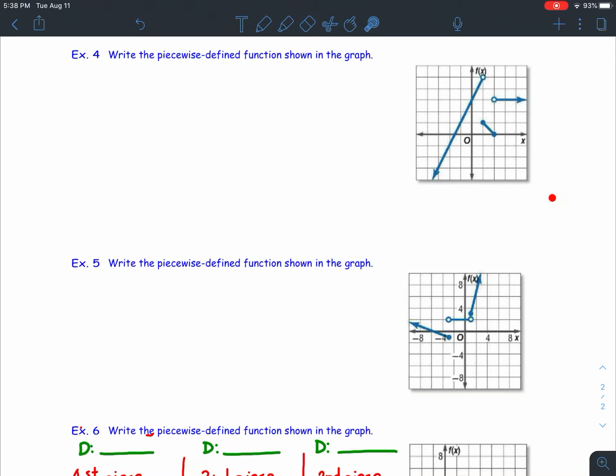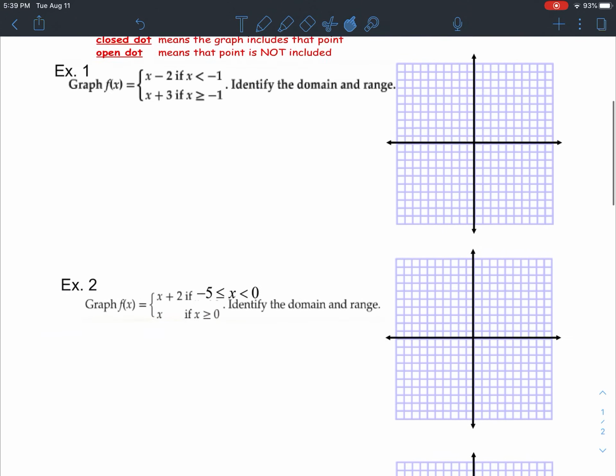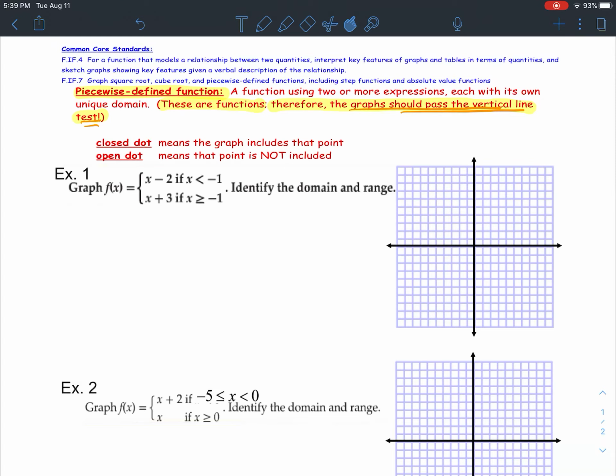Here's a segment that only exists from the values where x is 1 to where x is 2. So it's just a piece of a line instead of the entire line. And then over here we have a ray that is starting at an x value of 2, but it exists for all x values that are greater than 2 because it's going to the right. Piecewise functions can be comprised of just two pieces or 3, 4, anything like that.